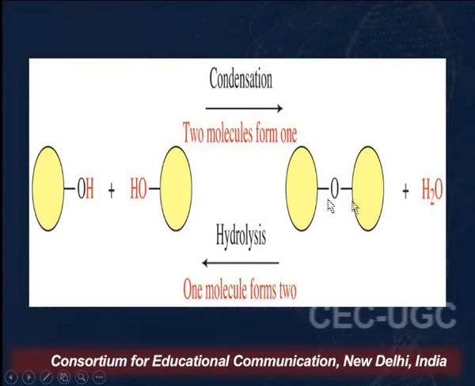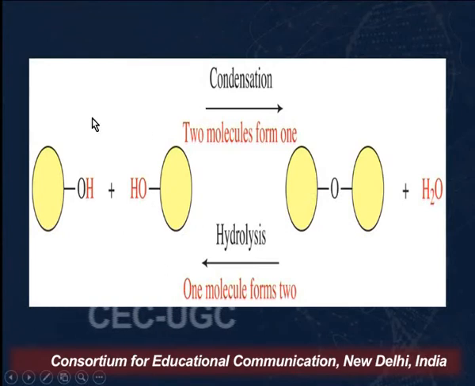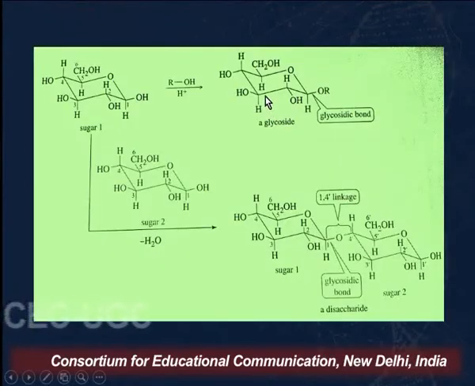So when you bring about acid hydrolysis here, this bond will cleave and we will get these two monomer units, that is the monosaccharides from which this disaccharide was made. So what is a disaccharide? You have to remember, a disaccharide is a simple sugar which is made up of two monosaccharides which are joined by a glycosidic linkage.